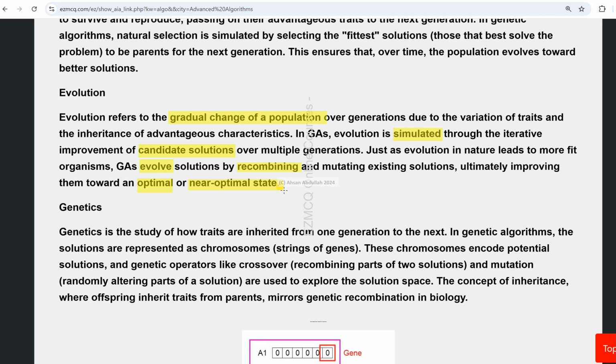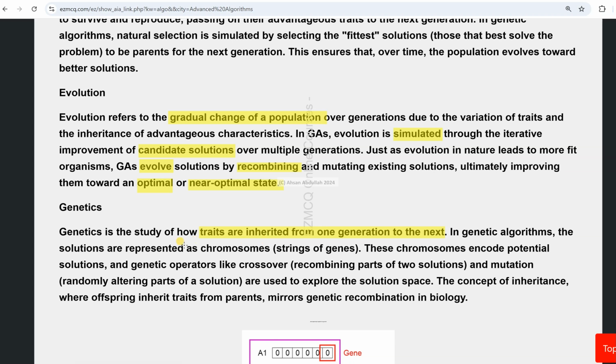Basically, what we are trying to do is simulate or mimic the process of evolution. The traits are inherited from one generation to the next, as we see in real life. So the good quality aspects of one generation of solutions are passed on to the next one.